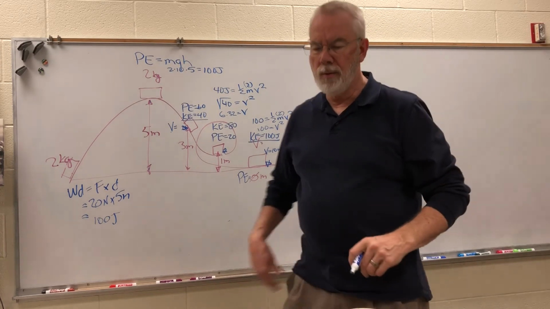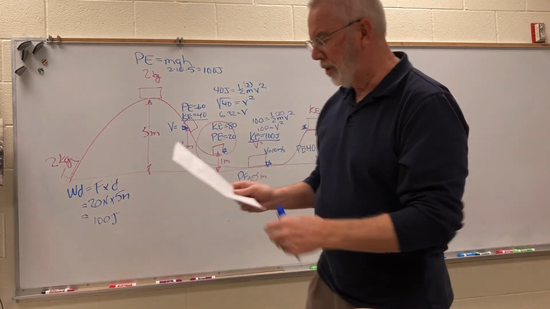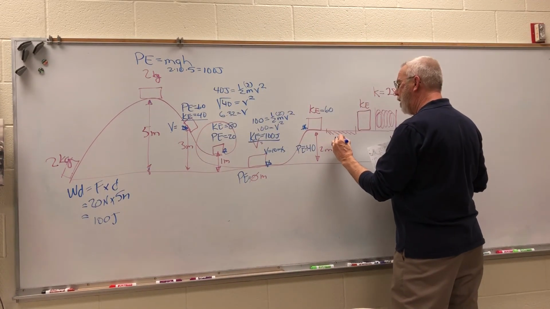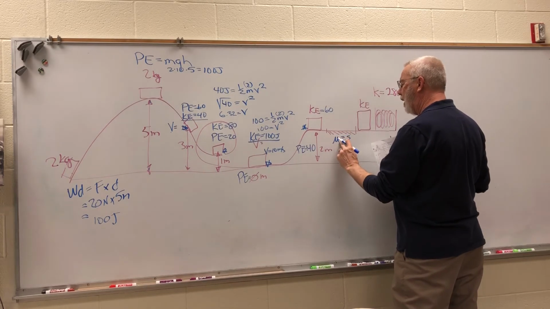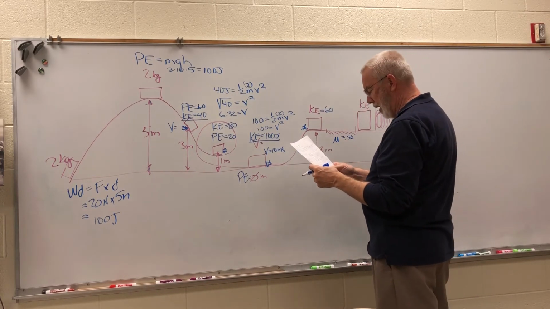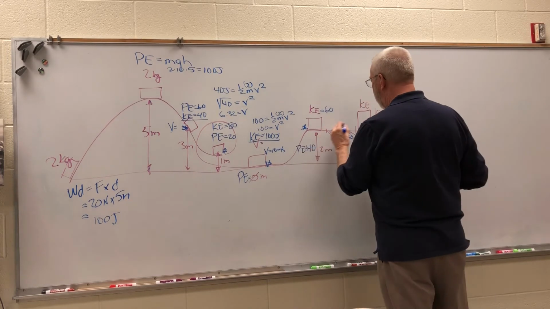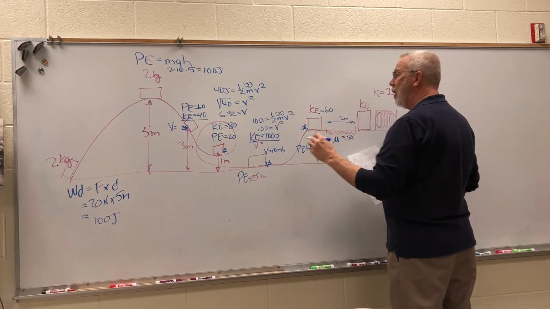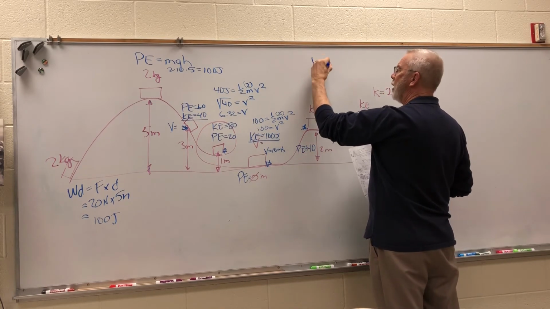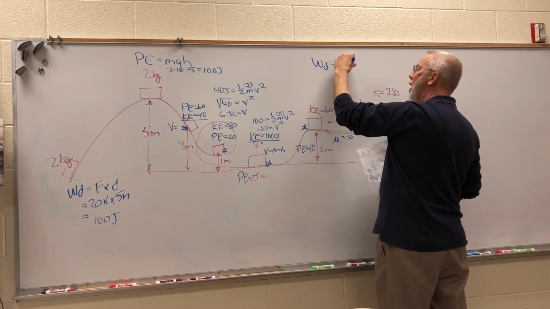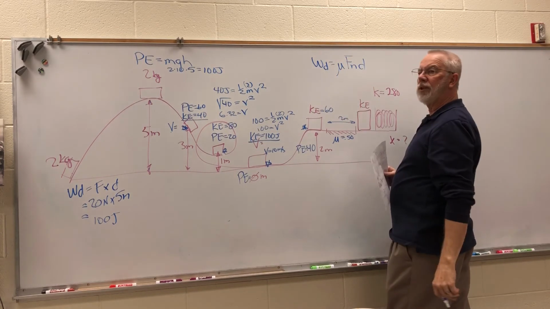Now let's look at this sheet right quick and get a couple more pieces of information. It says that the coefficient of friction right here is equal to 0.50, and that the distance across right here is 2 meters. In the previous problem, we said that the work done by friction is the coefficient of friction times the normal force times the distance.